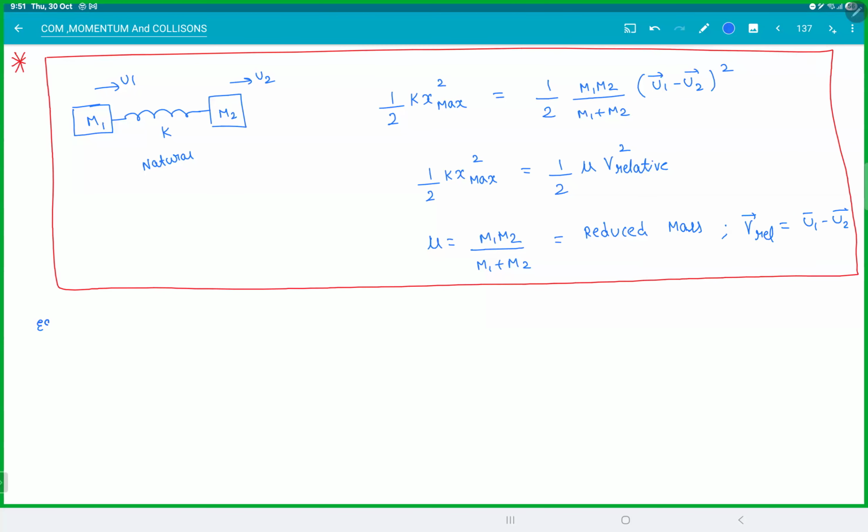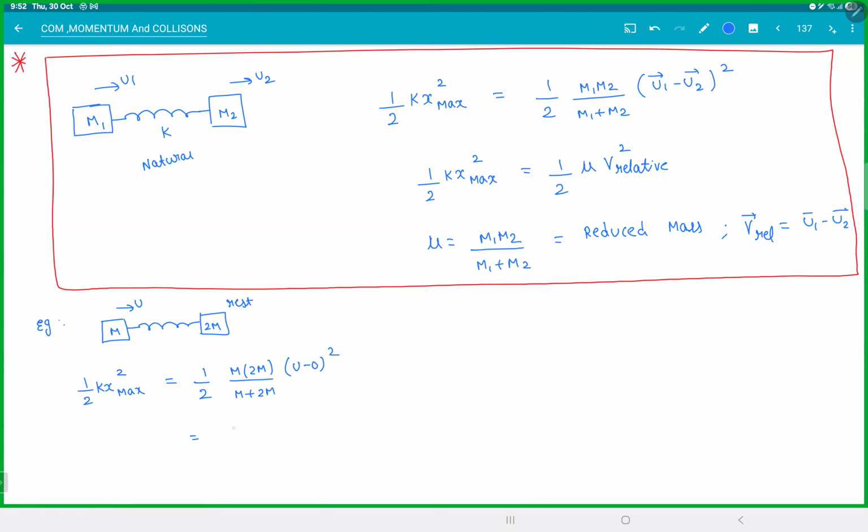Example. Now, if you just look at our previous question, half k x max square is half into 2m by m plus 2m, V relative square is u minus 0 square.